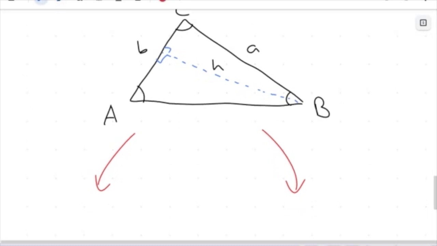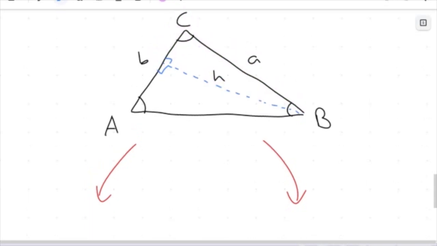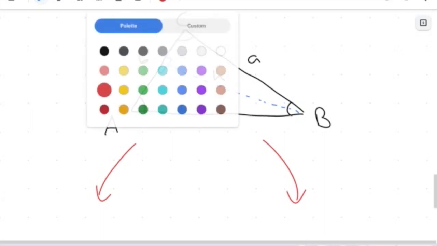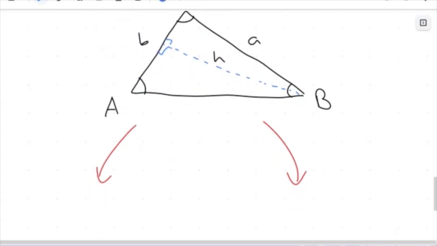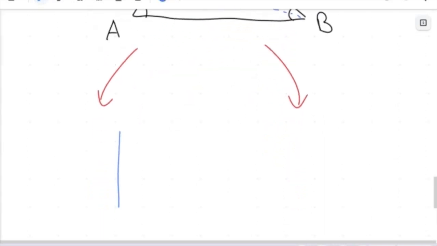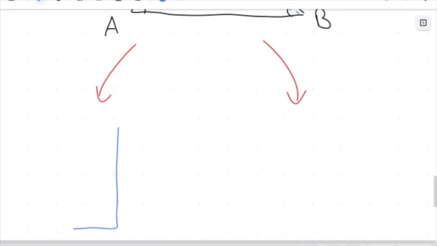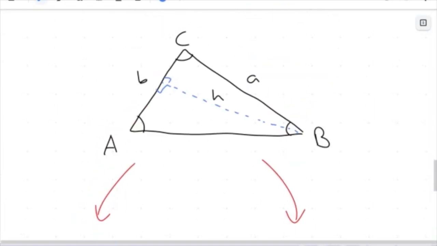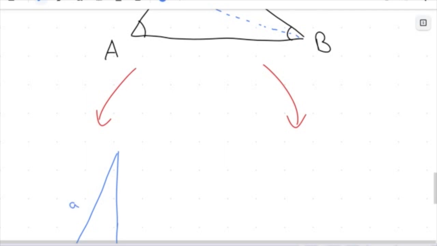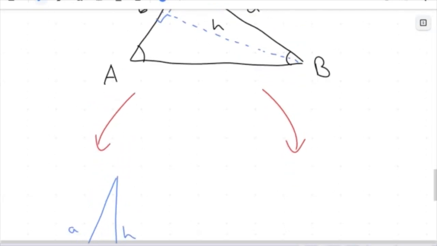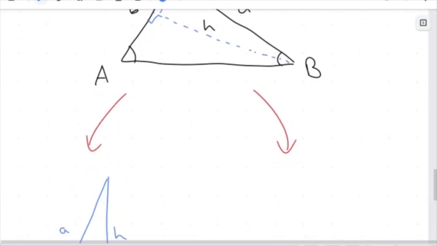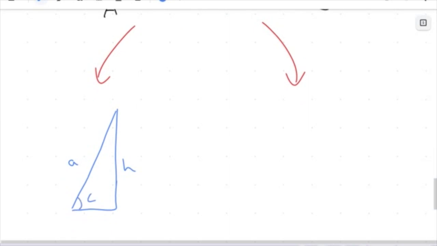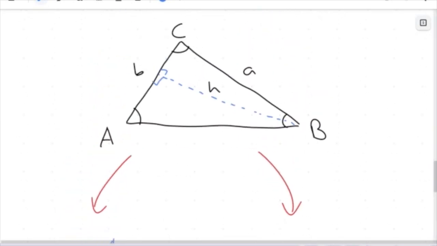Okay, so this left one, I'm going to do this top triangle. So that's going to be really thin one here, where I have a, h, and c, angle C down the bottom here.